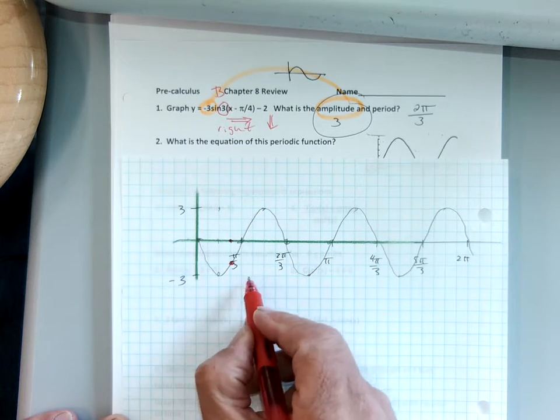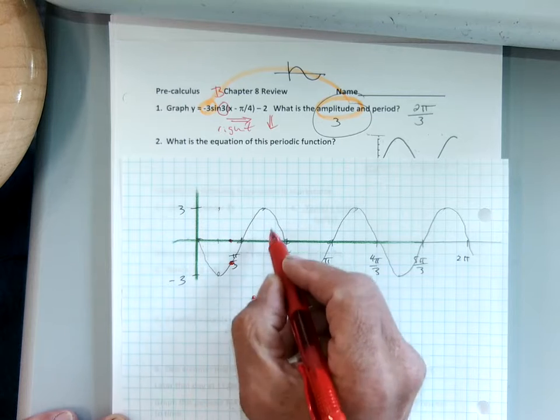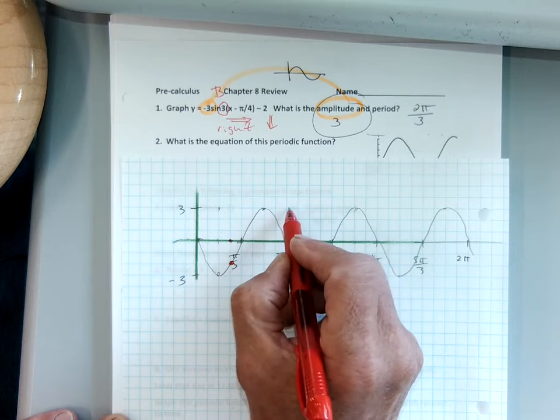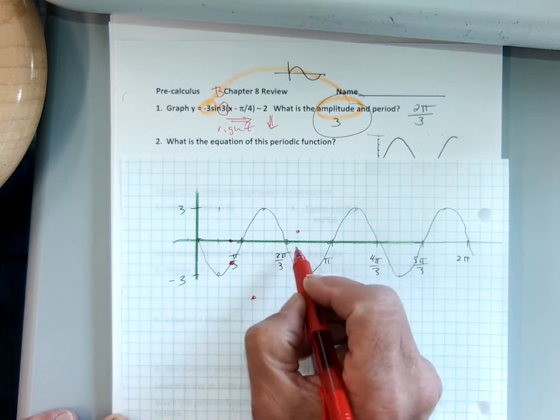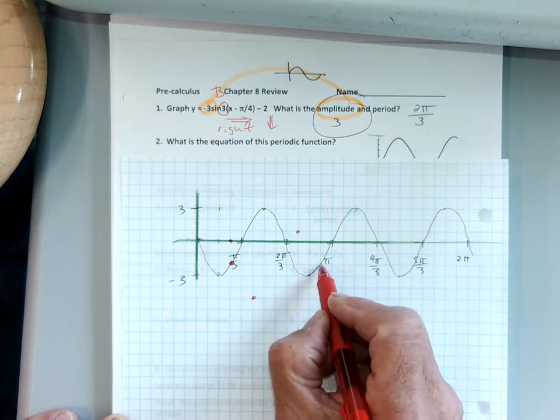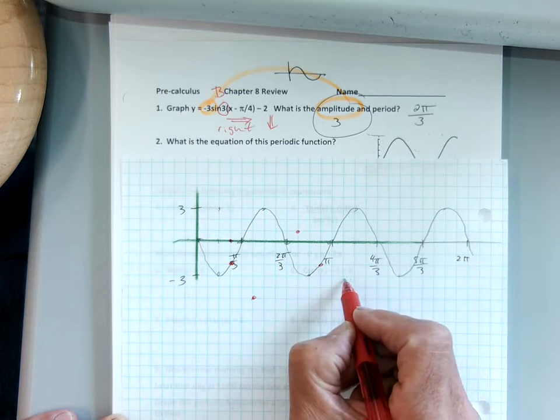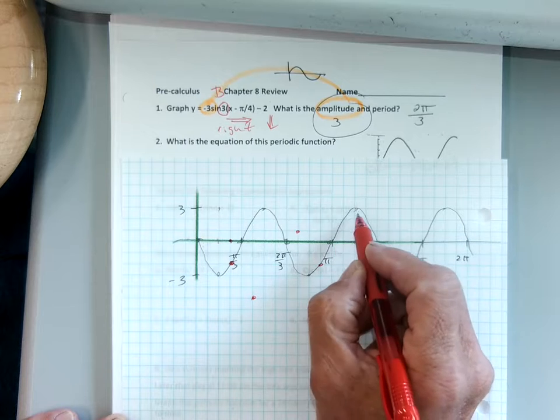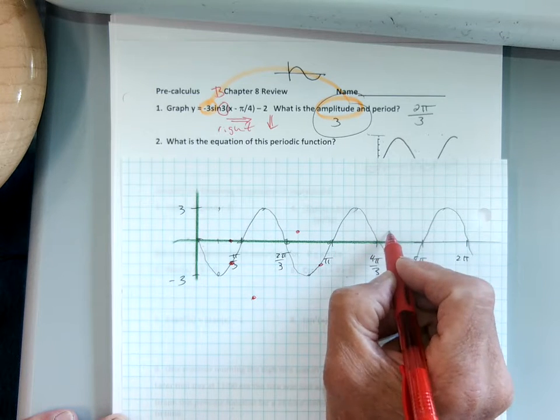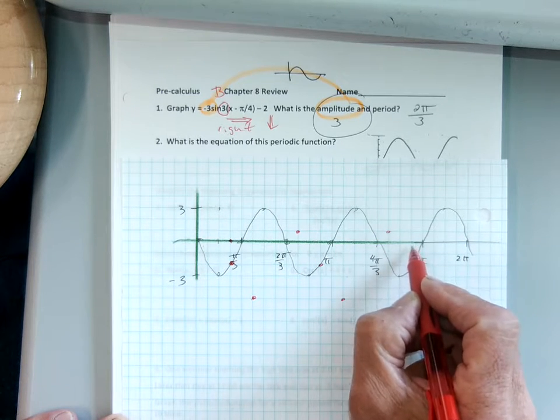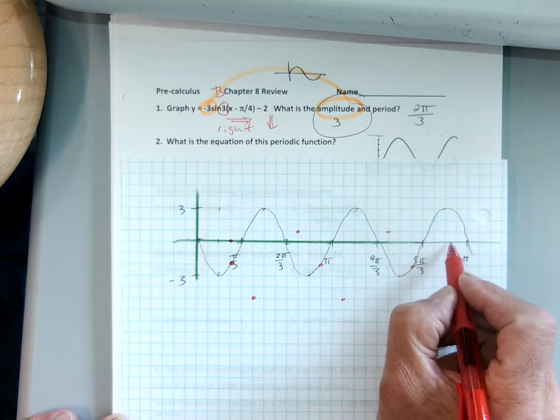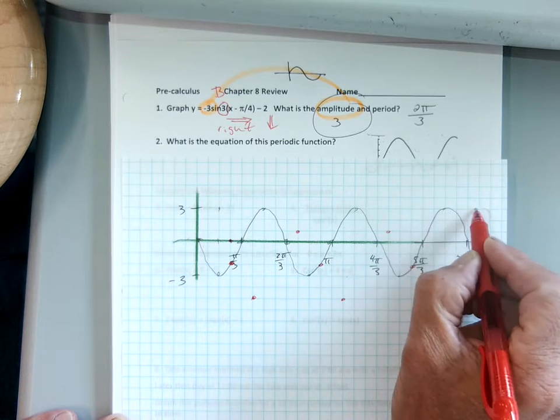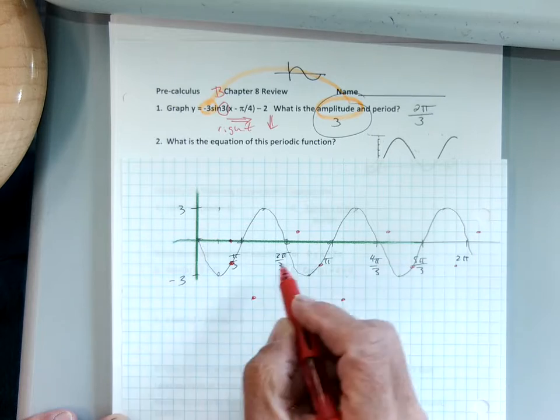This point's over 3 squares, down 2, over 3 squares, down 2, and so on for each point, and I'll let you get caught up, okay?